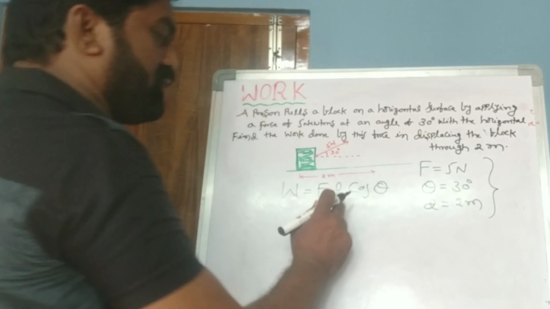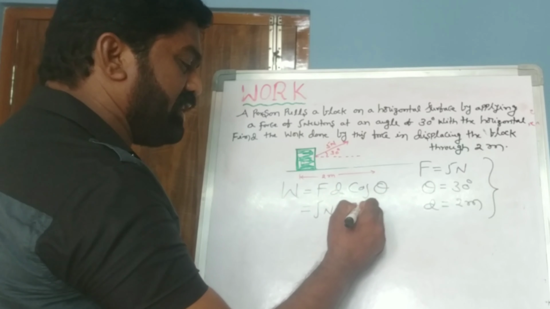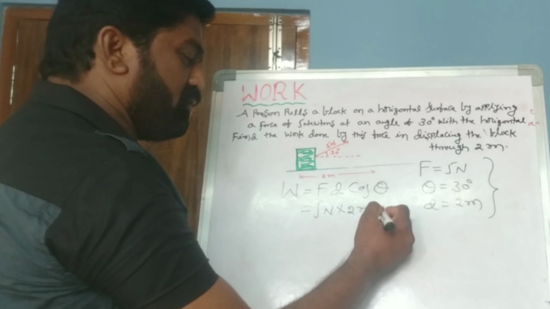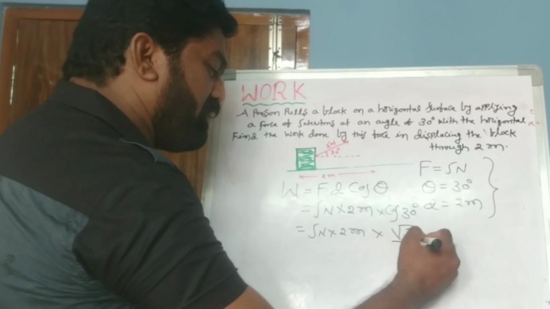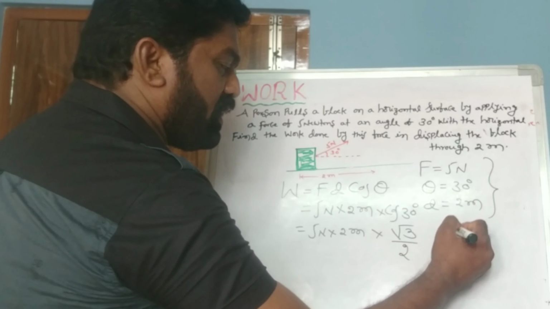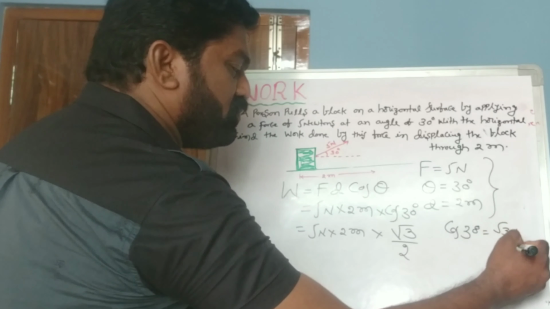Now these are substituted in this formula. See here, F 5 newtons into displacement 2 meters into cos theta, with theta 30 degrees. So that is 5 newton into 2 meter into cos 30, that is root 3 by 2. So cos 30 degrees, this value is root 3 by 2.